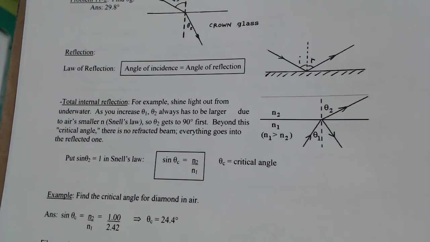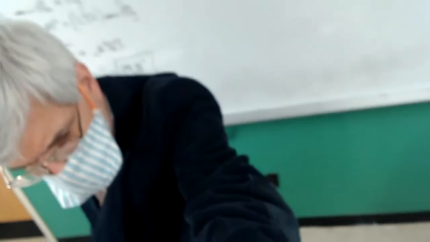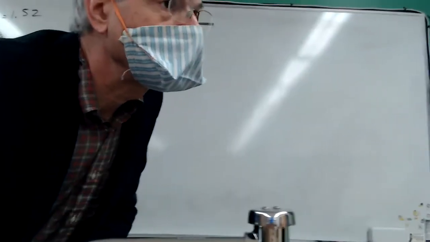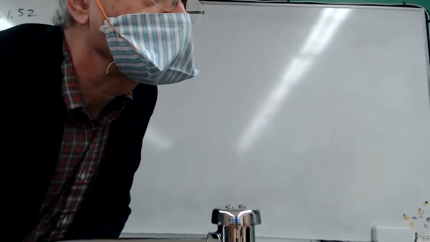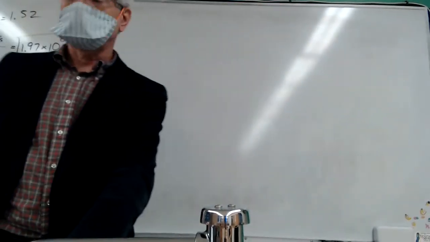Total internal reflection. Let's imagine that you've got a laser pointer and you've got it all wrapped up real well in a nice waterproof plastic bag so you can play with it under the water in your swimming pool.